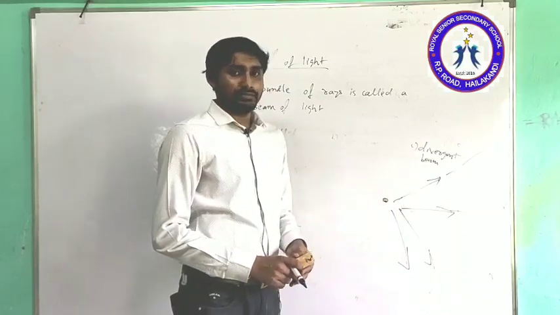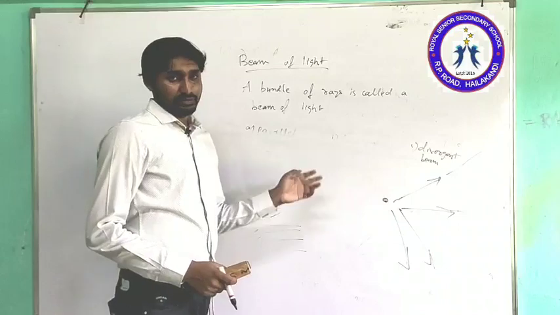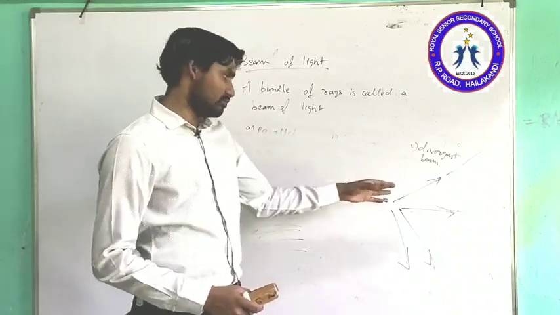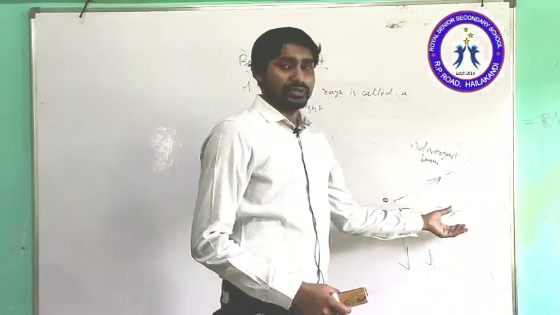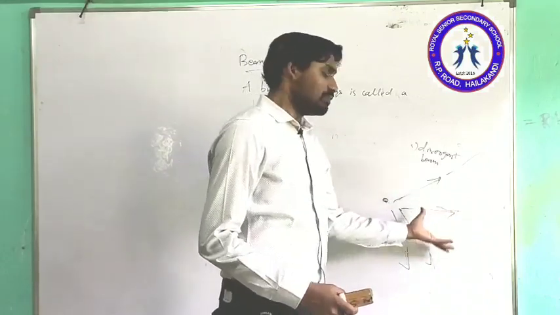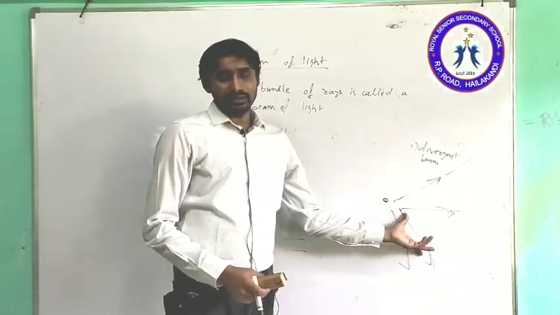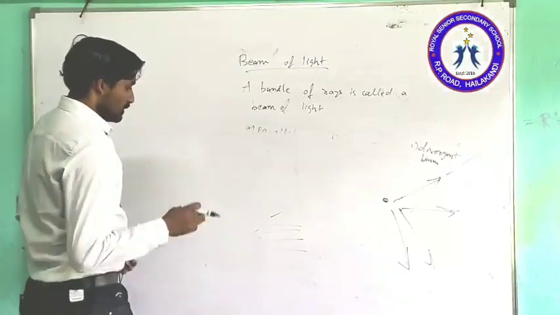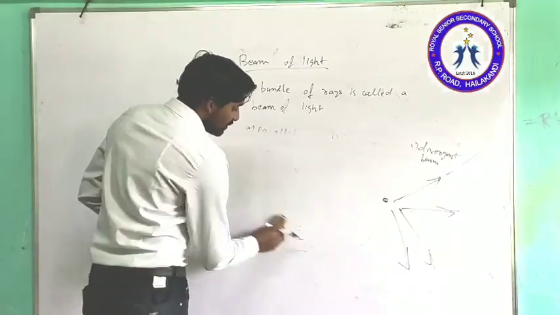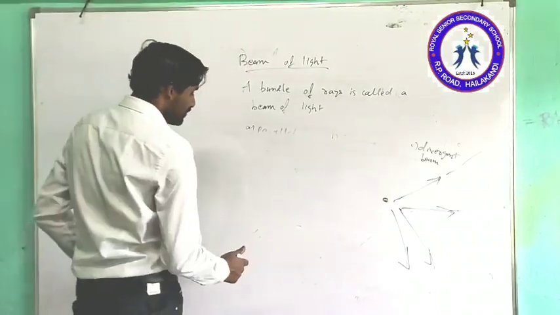In concave mirror specifically, we'll see the case of the convergent beam, and the convex mirror, also called a diverging mirror, we'll see the case of the divergent beam. So before that I have to teach you that, so that's why I'm not giving you that example here. For the time being I'm telling you where we can see your parallel beam of light.